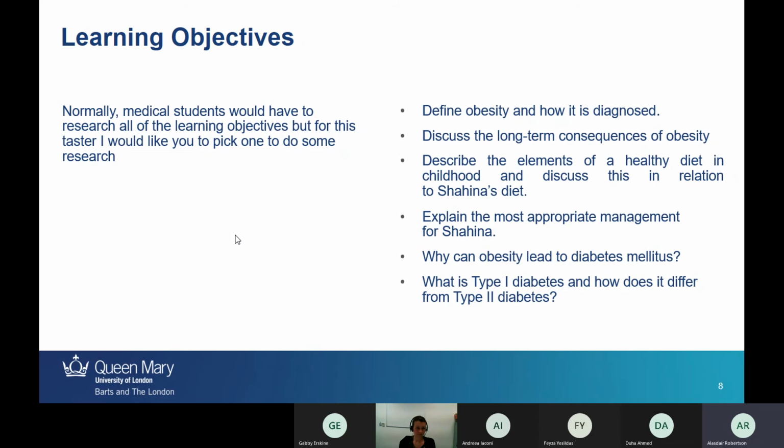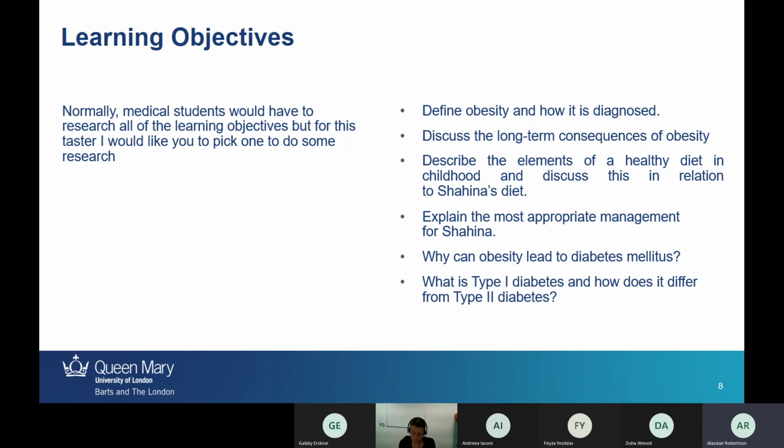And again, just to remind you, these learning objectives, the number of them can change depending on the sort of problem that the students are having to solve, but hopefully this will give you a good idea of the range.